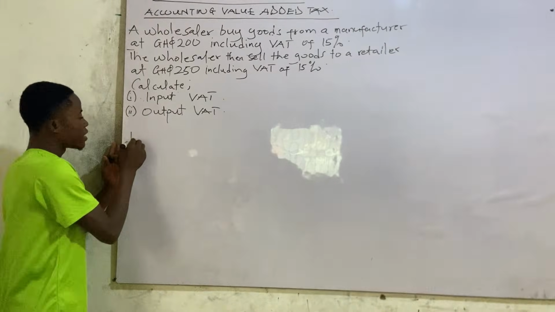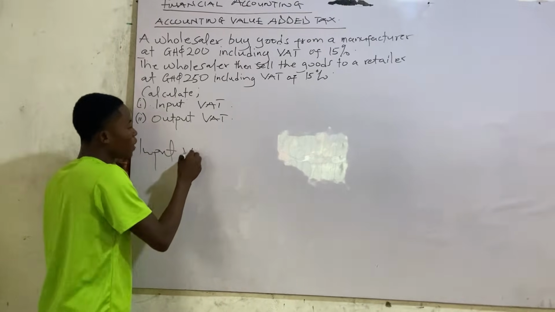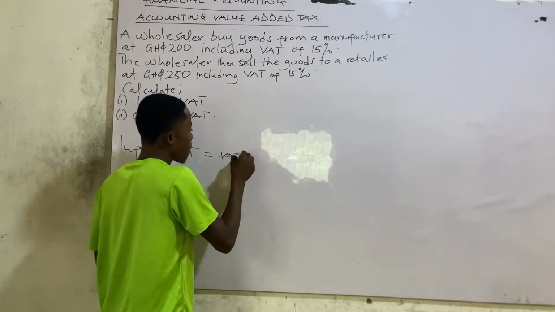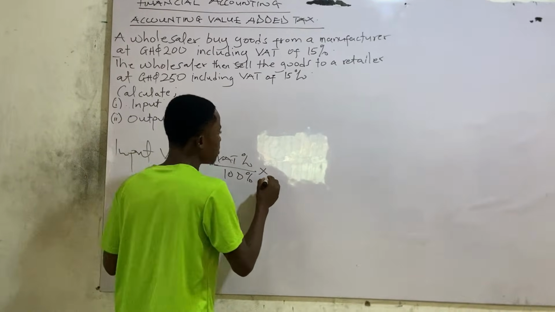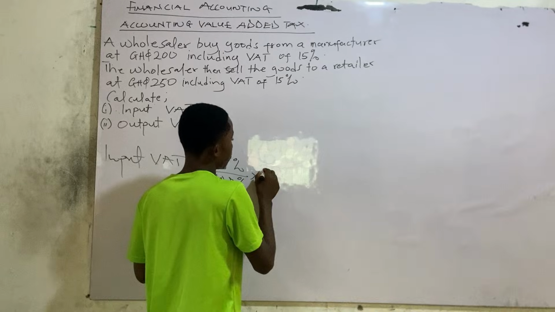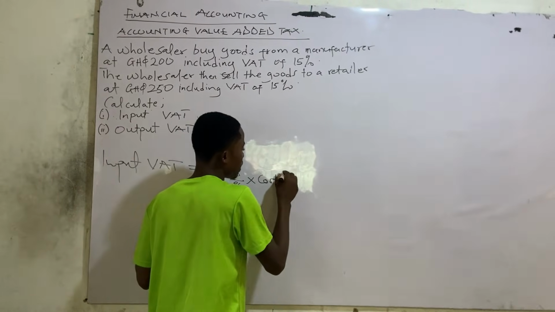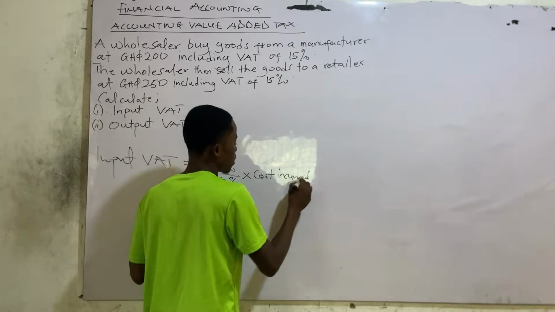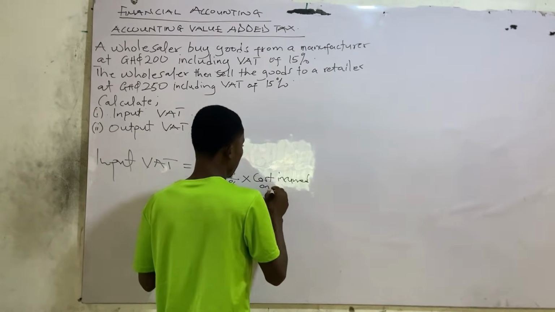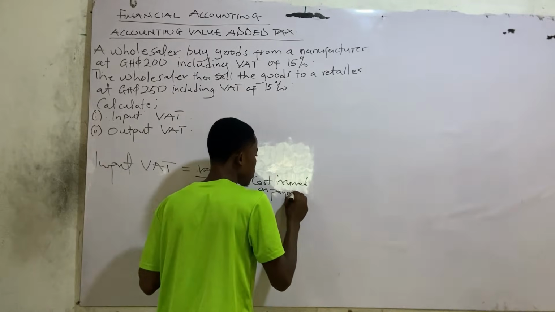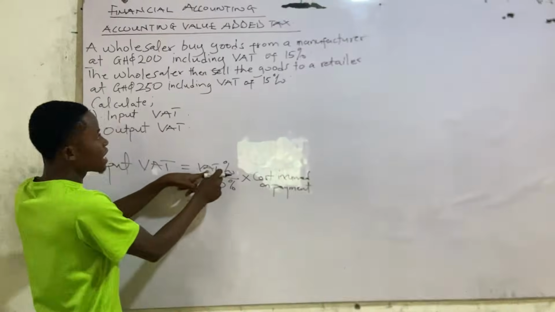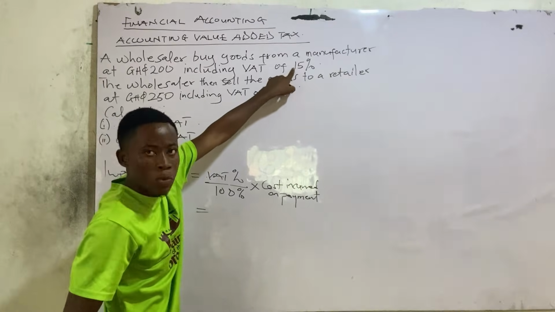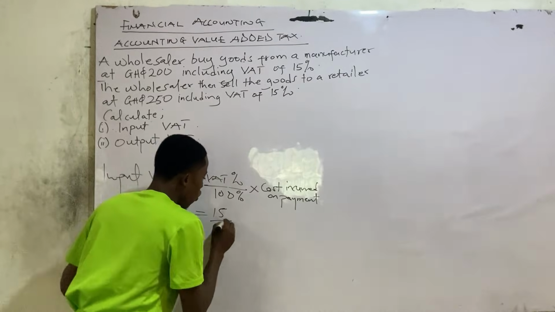Now we say input VAT is the VAT percentage over 100% times the cost incurred on payment. This gives us what the VAT tax in the question is, 15% of input VAT. So we have 15% of what?